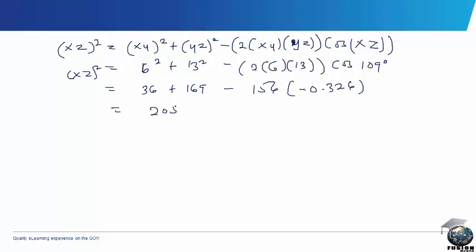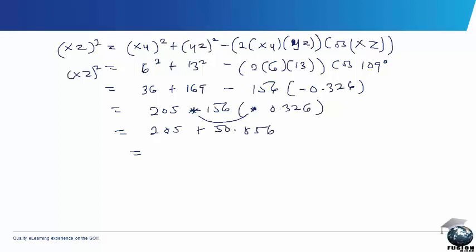Then this gives you minus 156 times minus 0.326. Minus minus gives us a plus, so the sign changes. 156 times 0.326 gives us 50.856.